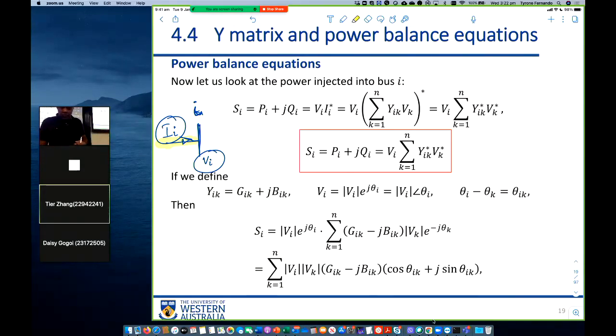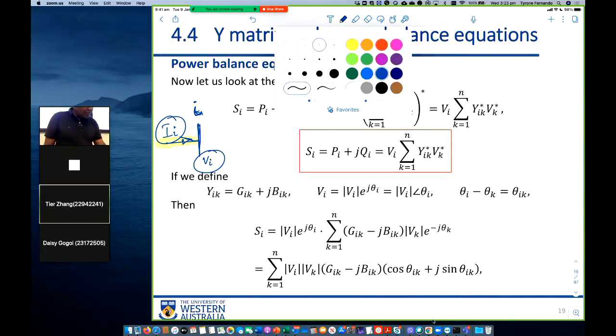So if I ask you what is the power flowing into bus I along that line, you would simply take the voltage at the bus, VI, multiplied by the complex conjugate of the current in that line, II star, and that's the active power and the reactive power flowing in the line highlighted in yellow into the bus.